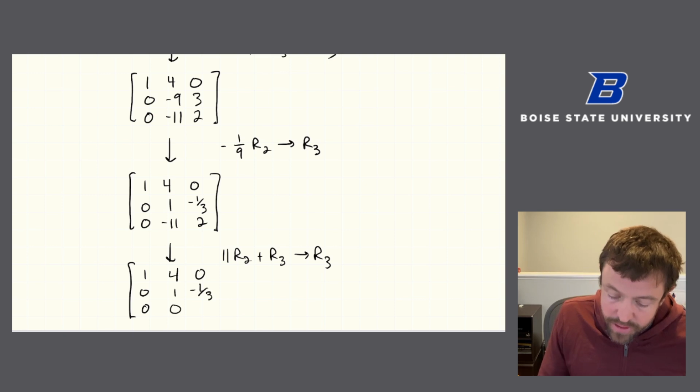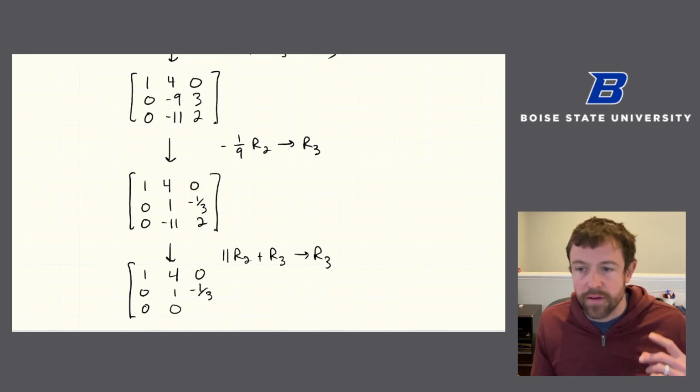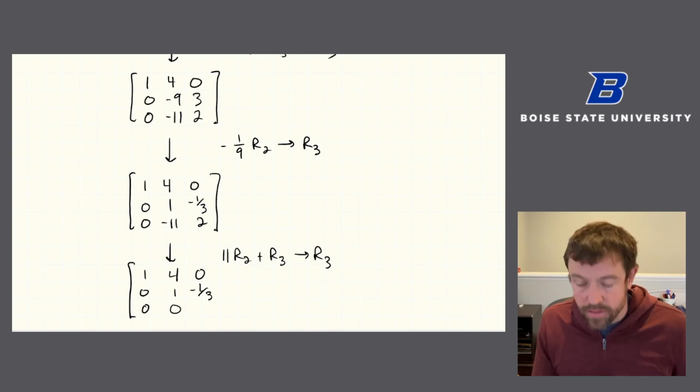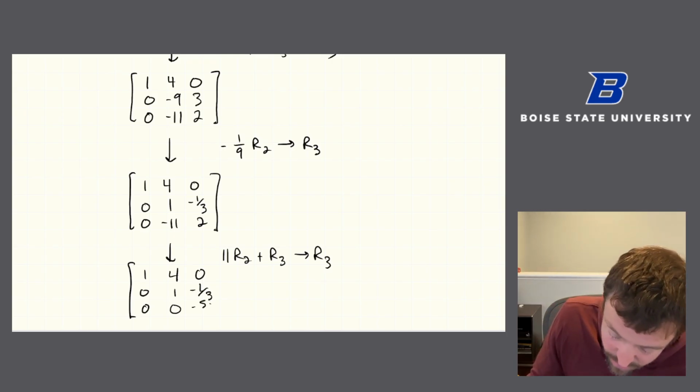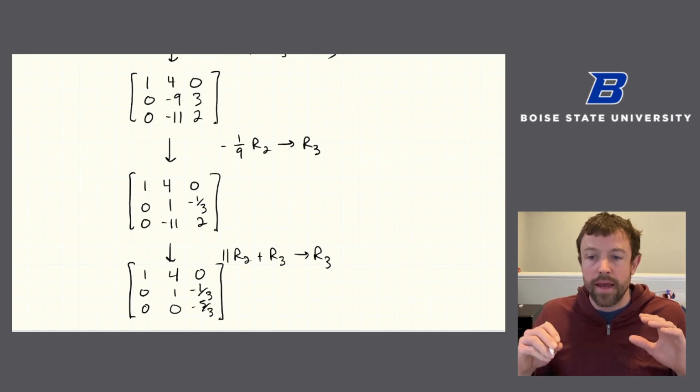This is going to become 0, and then, let's be careful here, I have negative 11 thirds plus 2. So that's negative 11 thirds plus 6 thirds, which is negative 5 thirds. And I'm in echelon form.